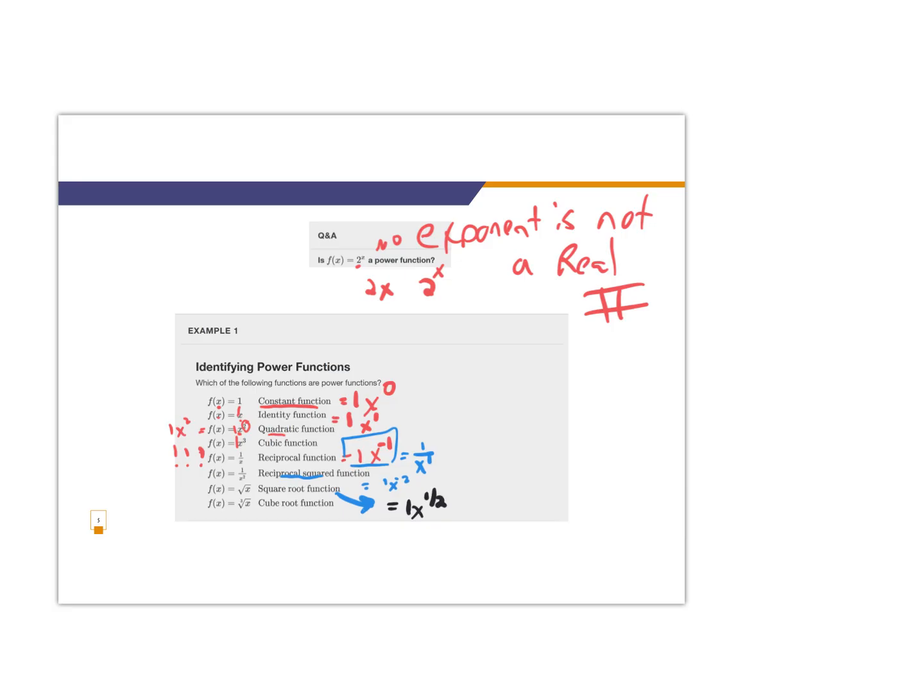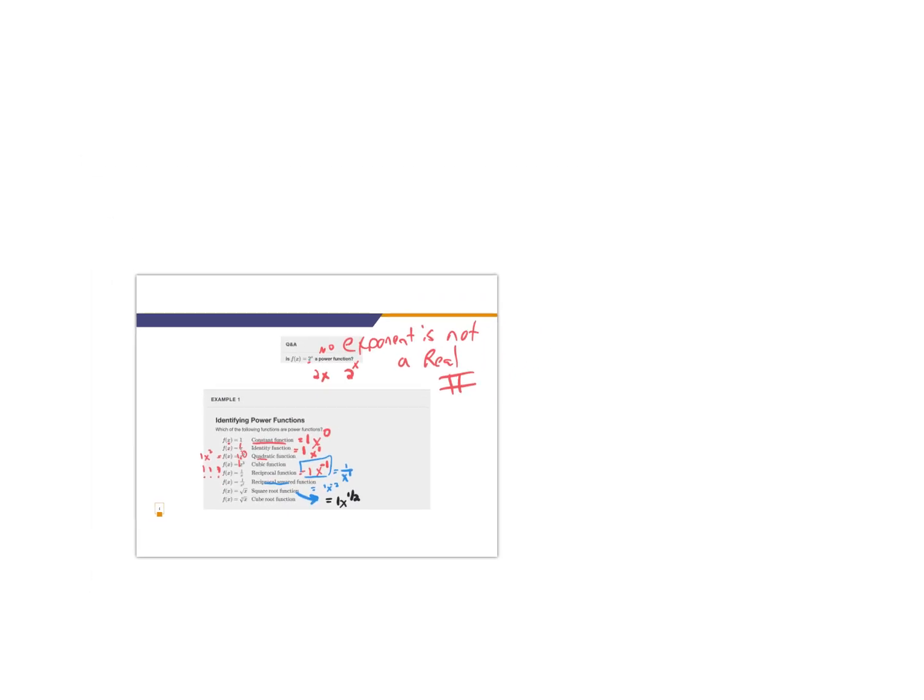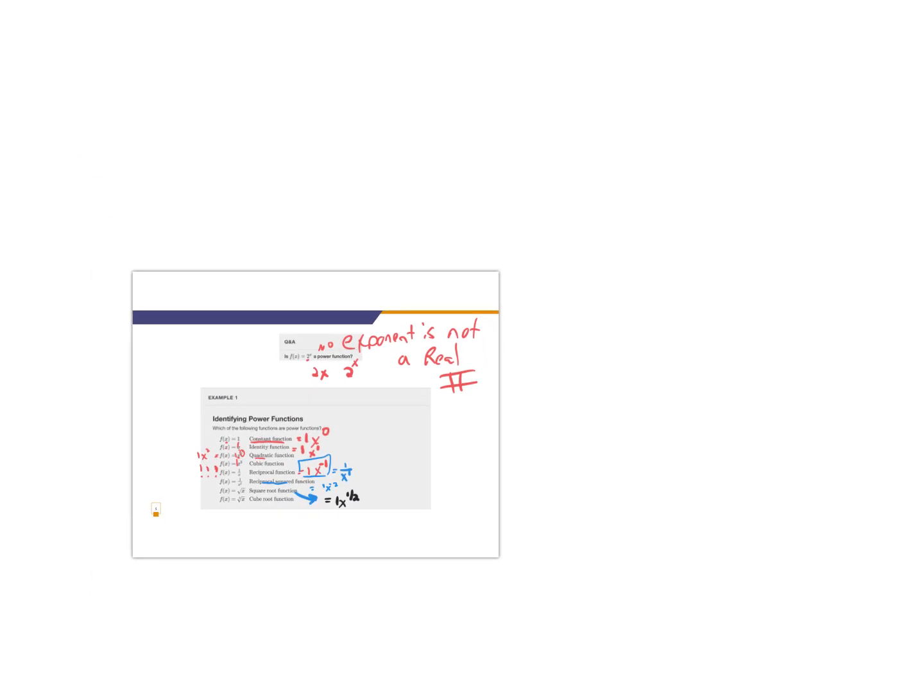I hope you've seen that before. And if you don't believe me, use your calculator and calculate 4 to the 1/2 power. Should be a 2. Why? Square root of 4 is a 2. So you should not be surprised if we look at the last one here.